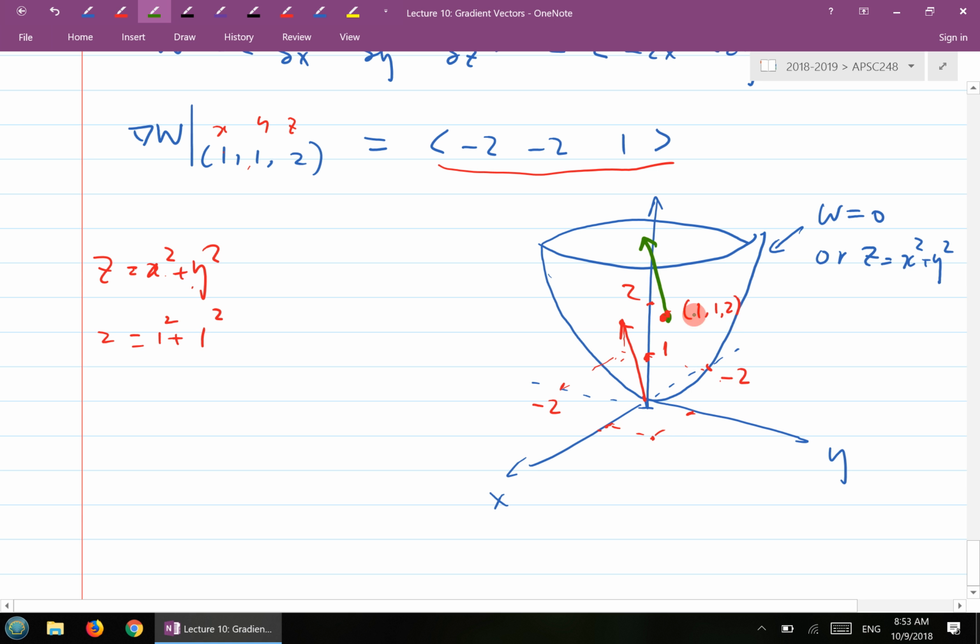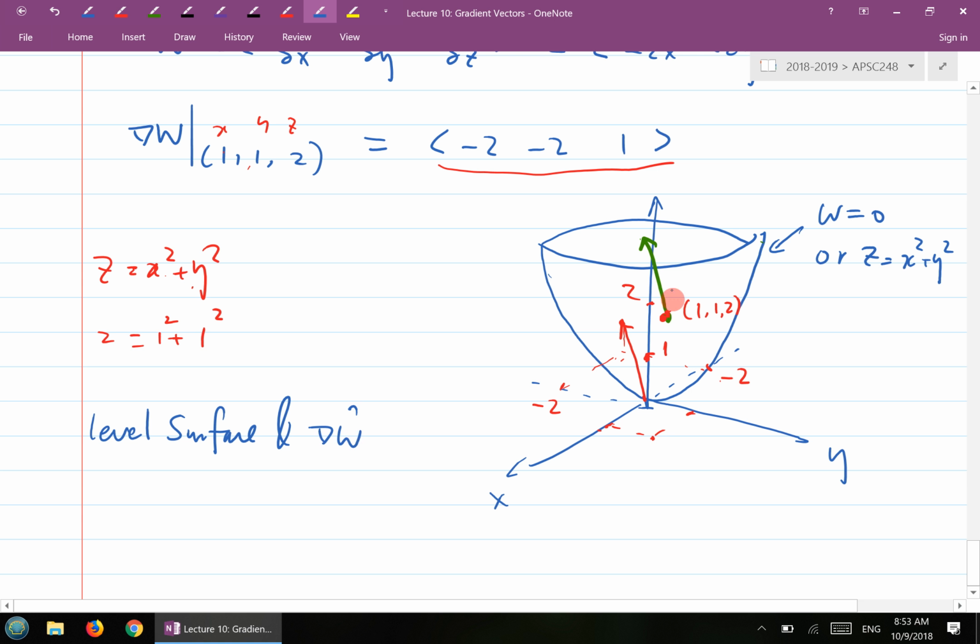In this case, just like the previous case, I plotted a level curve and a gradient vector. In this case, I plotted a level surface and the gradient vector, so two things at the same time: the level surface and the del W together.